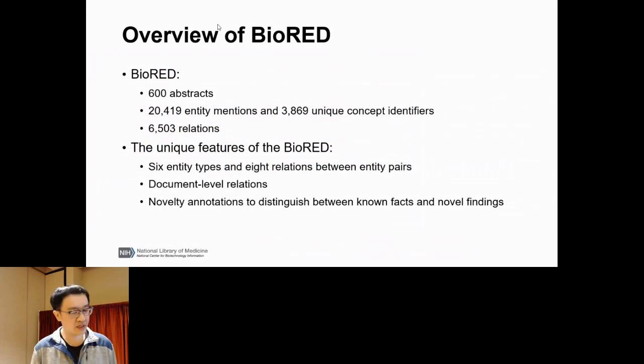The second is the relation can be within a sentence or across close sentences. It is a document-level relation. The third is the dataset is enriched with novelty annotations to distinguish between known facts and novel findings.